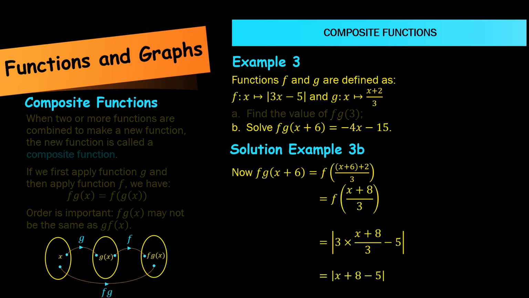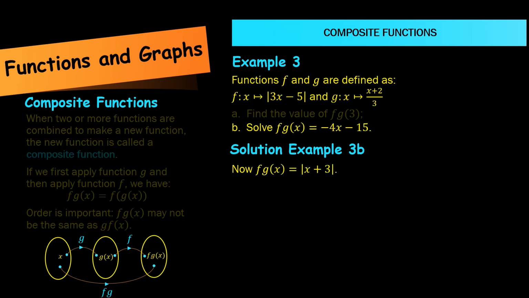And tidying up, then tidying up some more gives us modulus x plus 3. So now we've found fg of x, which is of course equal to mod x plus 3.